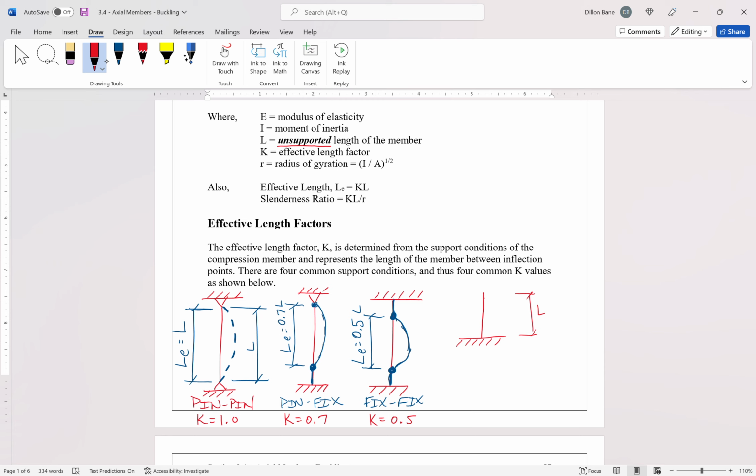And if we were to apply some compressive load onto this cantilevered column, the top is now unsupported, so it can rotate and translate, right? But the bottom, still being fixed, cannot rotate or translate. If we were to draw the buckled position of this column, it would look something like this, where it's nice and perpendicular and straight at the base, and then at some point it just goes off and has some lateral deflection at the top of the column.